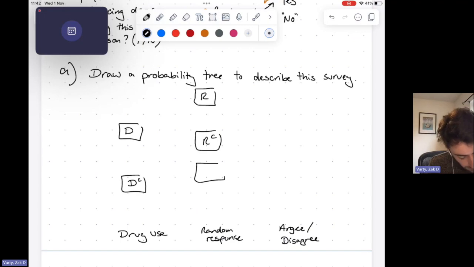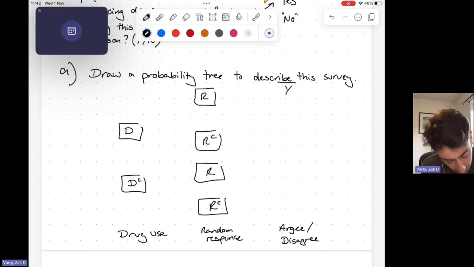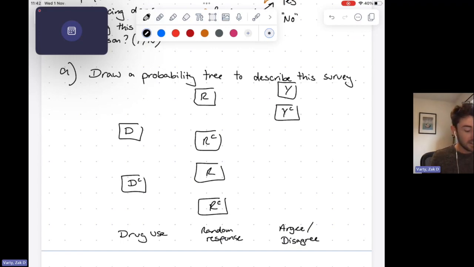We'll have these for each of these two arms of drug use. And then finally, we've got whether or not these students agree or disagree with the statement, so do they respond with a yes, Y, or a no, Y complement? I'll fill the rest of this in as we work our way through.